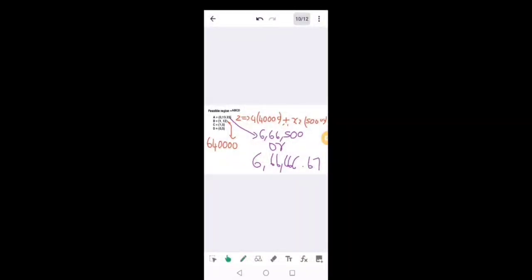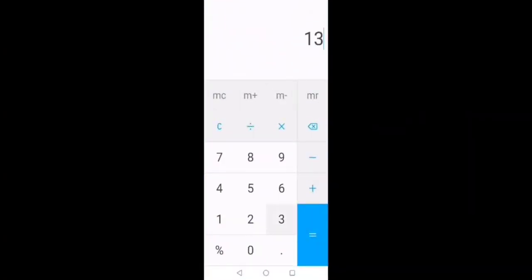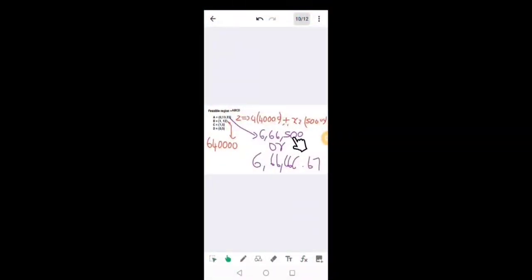If you take this as 13.33, rounded off, and multiply it with 50,000, you will get an answer of 6,66,500. That is what this is. But it's not exactly 13.33. It is 13.33333333. I just rounded it off and took it as 13.33, so I think it will be easier for us to understand.